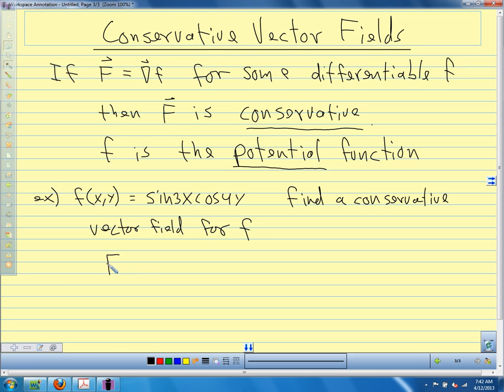Our vector field is just the gradient of our scalar function. So the problem asks you to find a conservative vector field, we just take the gradient of the function. So capital F is the conservative field, and small f is the potential function.